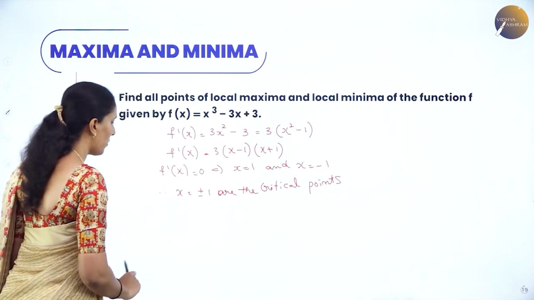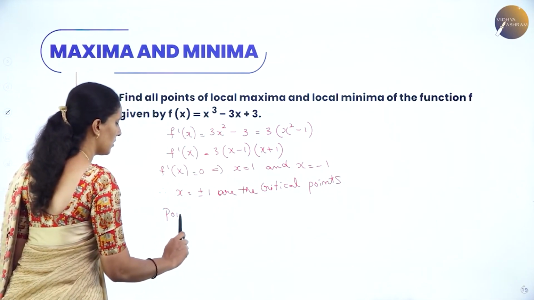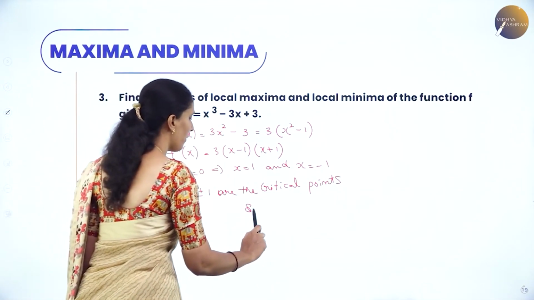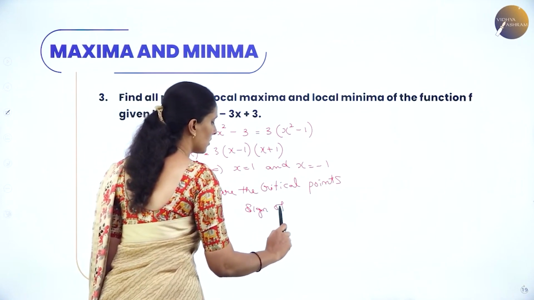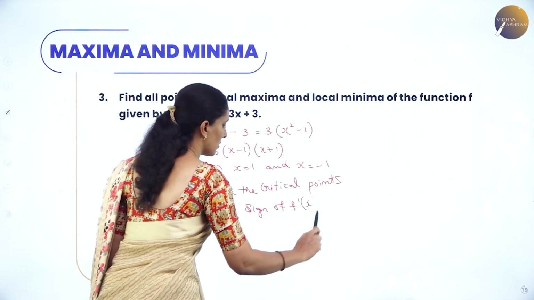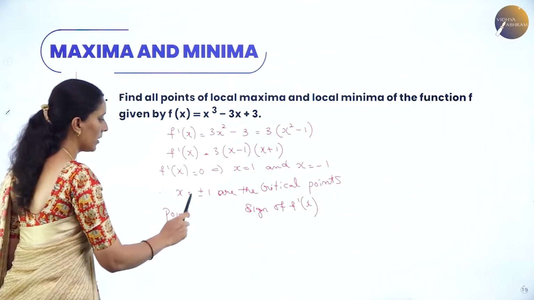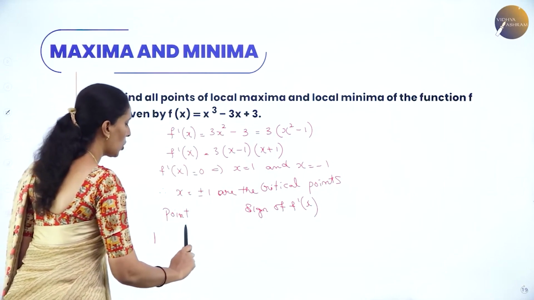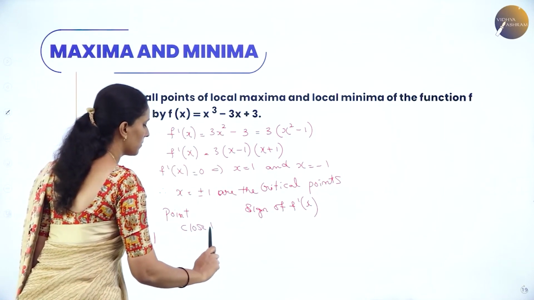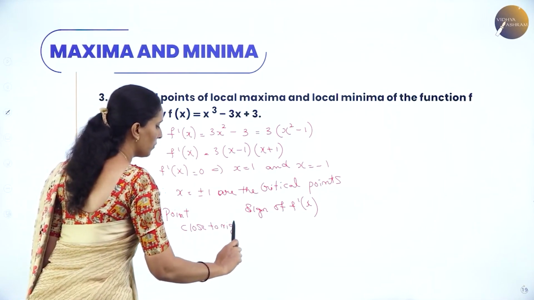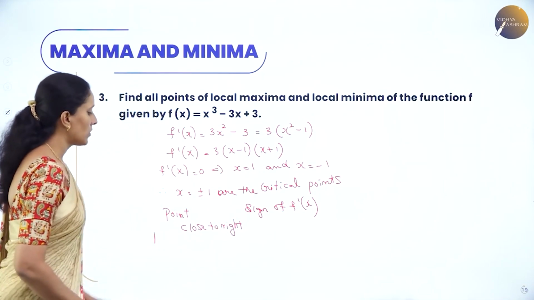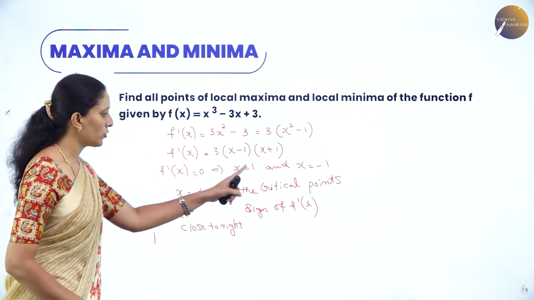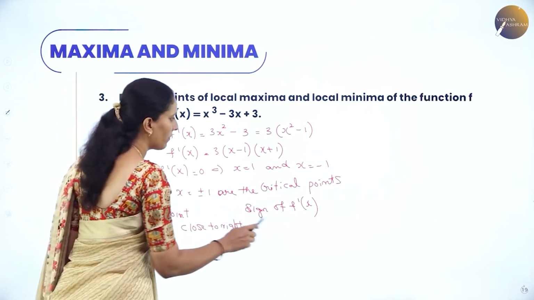Now, let us take the point here and let's study the sign of f dash of x. So if you take 1 and go close to the right towards 1, and exactly at 1, f dash of x is 0.